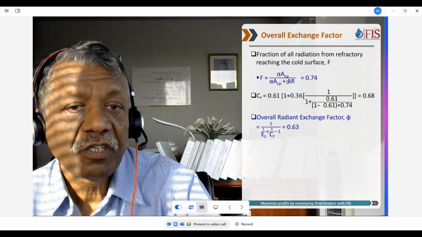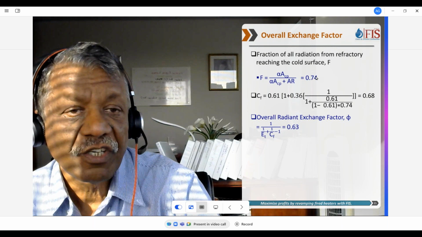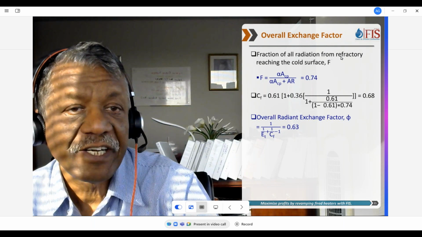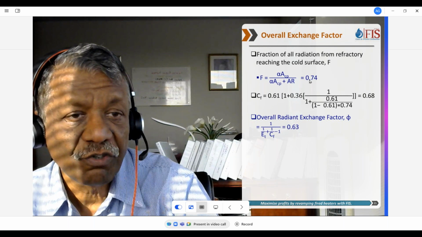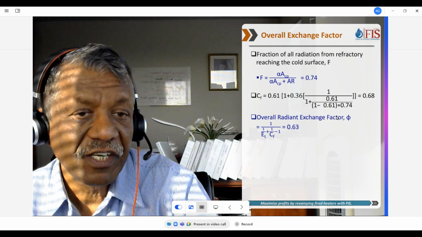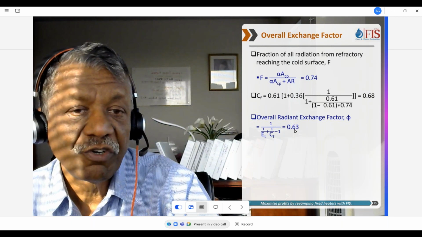Using this fraction F of all radiation from refractory reaching the cold surface, and calculating the CF, we get an overall exchange factor, which is 0.63.